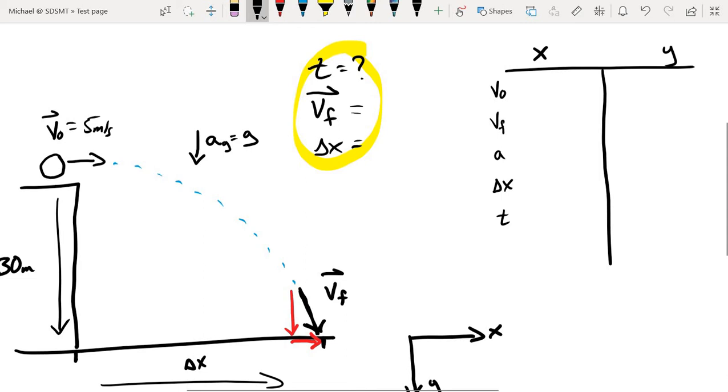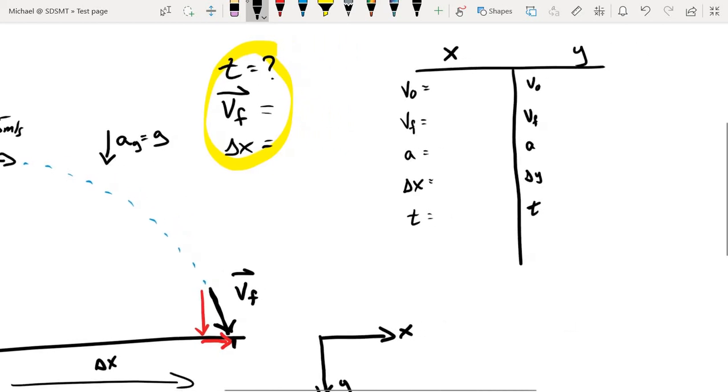So in the x direction, I will have components of initial and final velocities, acceleration, displacement, and time. Likewise, in the y direction, I will have components of the same vectors and time. Again, time is not a vector, but the amount of time that elapses as we move in the x direction has to be the same amount of time that elapses in the y direction.